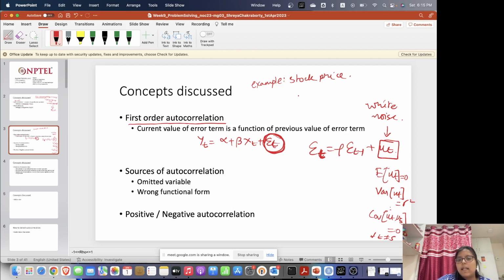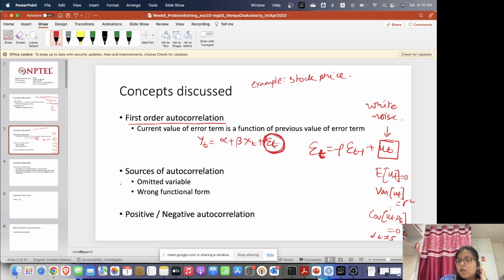It is not independent of today's stock price. Those situations where the current value is a function of the previous error term are autocorrelation issues. Now, we talked about the sources of autocorrelation, how it could arise.